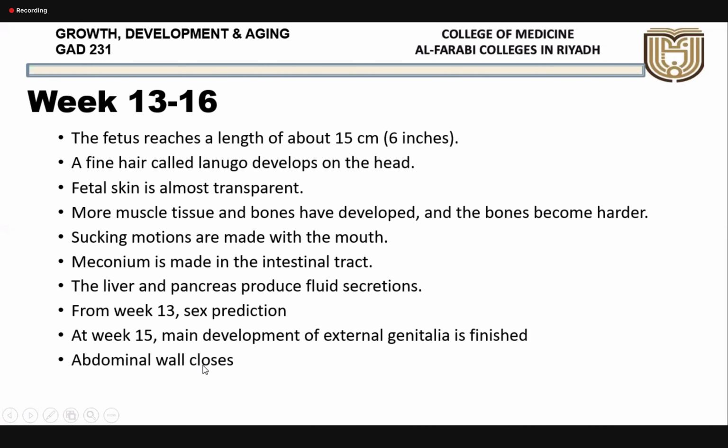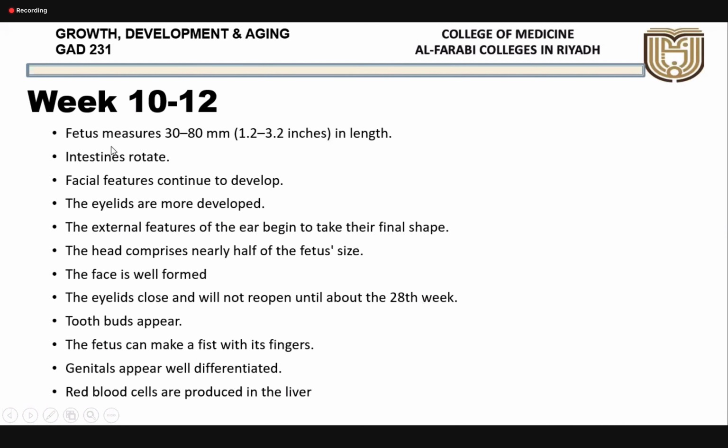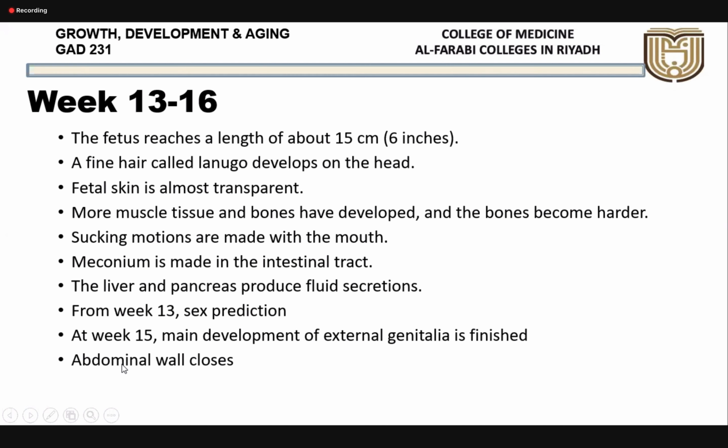Coming to the closure of the abdominal wall, as we said before, there will be intestinal rotation. This is all part of level 6, when we will study that the intestine comes out of the abdomen and rotates, and by the 16th week it goes back and the abdomen closes. Initially there is an open abdomen, then it closes.